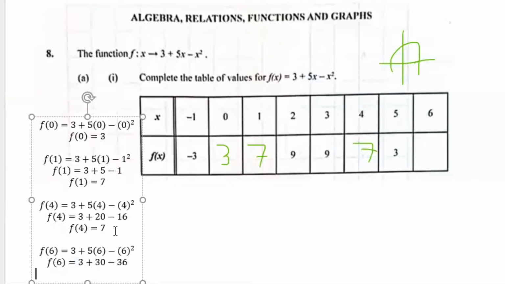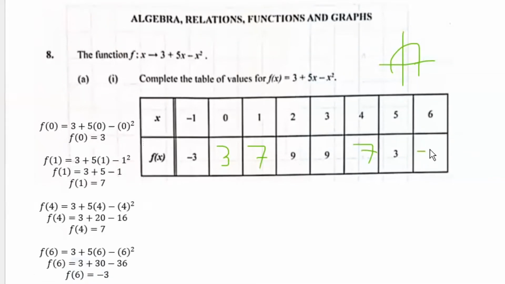What that will give us is f of 6 is equal to 3 plus 30, that is 33, minus 36, that is a negative 3. So when x is 6, our f of x value is a negative 3. These are the values that we are going to use in the question to come.